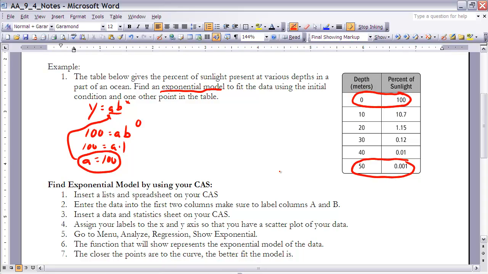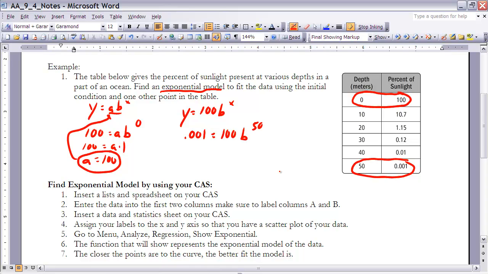So I'm going to say y equals 100 b to the x. And now let's plug in my other ordered pair. So I have 0.001 is equal to 100 times b raised to the 50th power.